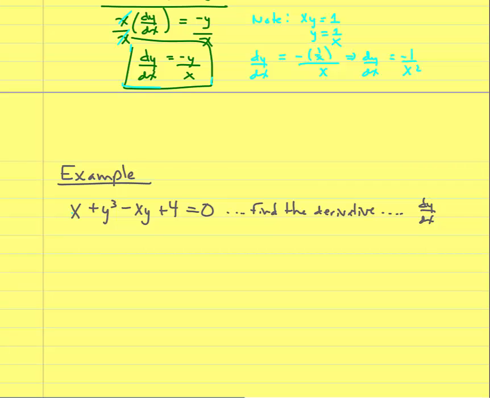So to get started here, I just take the derivative of x. The derivative of x is 1. Now I'm trying to find the derivative with respect to x, so I don't have to tack on the dx over dx, I can, but dx over dx would just cancel. So just remember, whenever you take the derivative with respect to the variable x, I don't need to worry about tacking that on. This is where I need to worry about that.